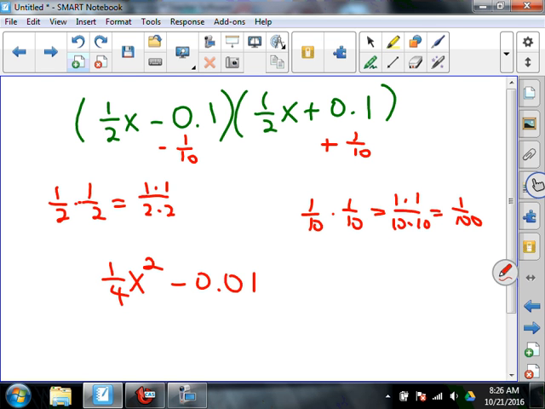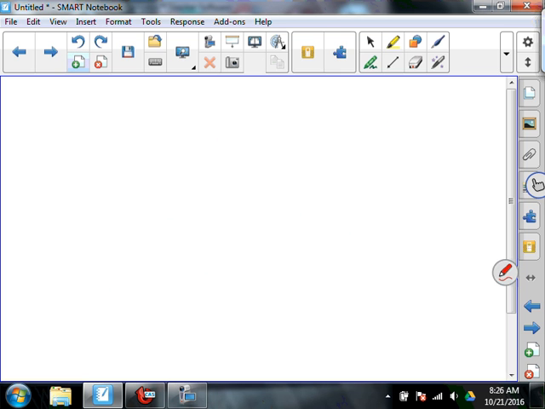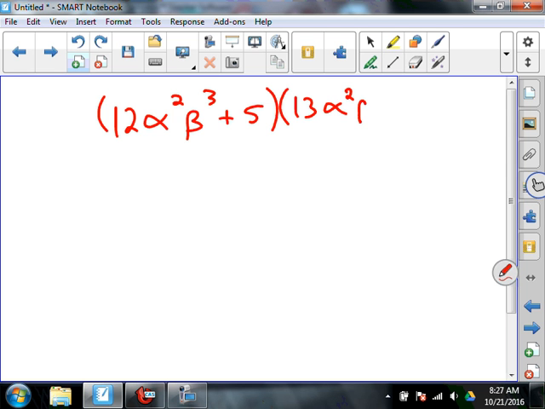Finally, you're going to see some things with Greek letters. 12 alpha squared beta cubed plus 5 times 13 alpha squared beta cubed plus 7 maybe.